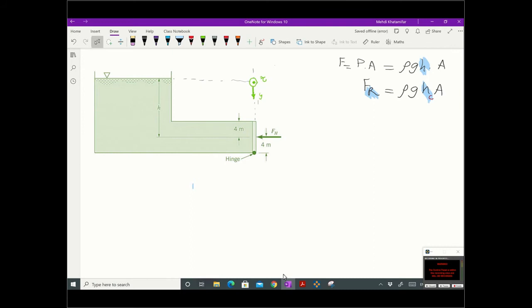Center is the center of the gate, which is 4 meters from that side. Okay, 21.28 divided by 24, so like 24 divided by 24. Okay. Y bar is going to be h plus 5.33 divided by h. One h down there.